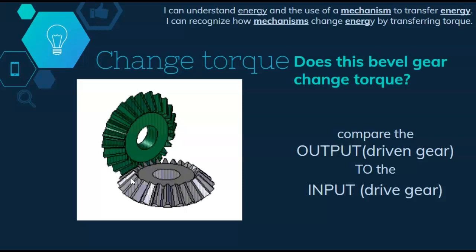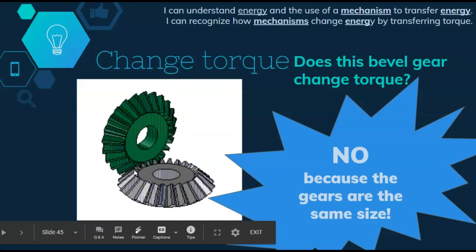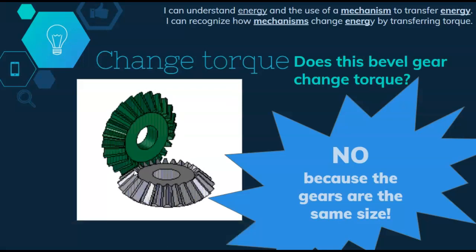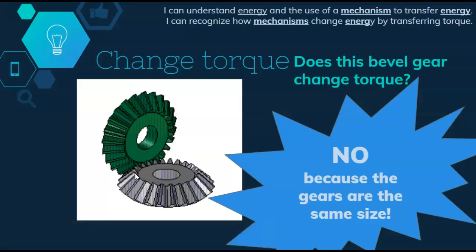So does the bevel gear change torque? Nope, because the gears are the same size. So this does not change torque. We would say that torque and speed on this mechanism are going to be constant. There's not a change in gear size, so there's not a change in speed or a change in torque.